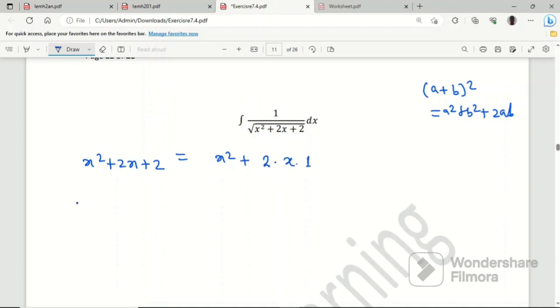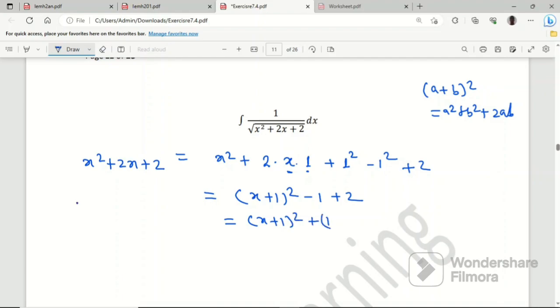A is x, but b is 1. So I need b square also. b square will give me this, but it was not there earlier, so I need to put minus also, plus 2. So I get x plus 1 whole square, minus 1 plus 2. After solving, I get x plus 1 whole square plus 1. I can write x plus 1 whole square plus 1 square.